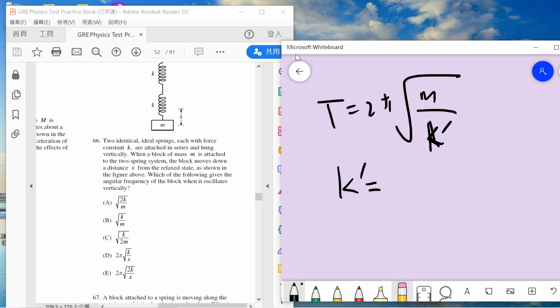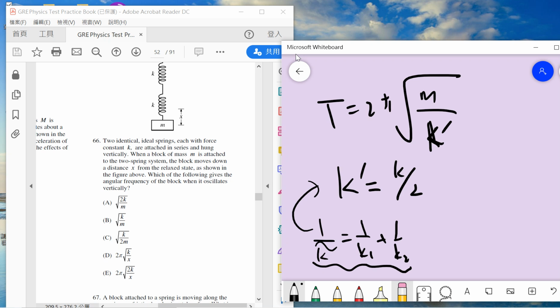Since it's in series, the effective spring constant is 1 over (1/k1 plus 1/k2), so k prime is k over 2. Plug it into the formula.